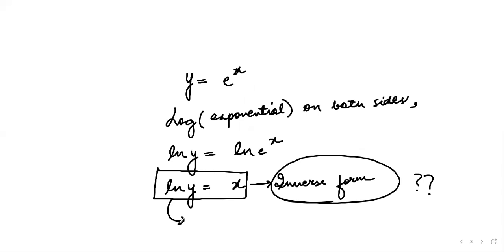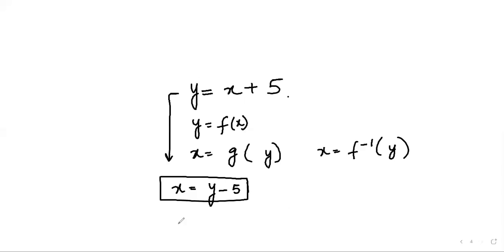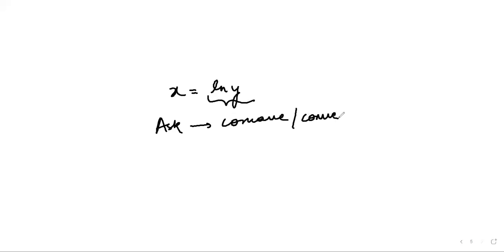Now, let's pause for a second here. Supposedly, I tell you that x is equal to ln y, and I ask you if this function is concave or convex. Let's try this out. If x is equal to ln y, then if I differentiate this function, this will be 1 by y.